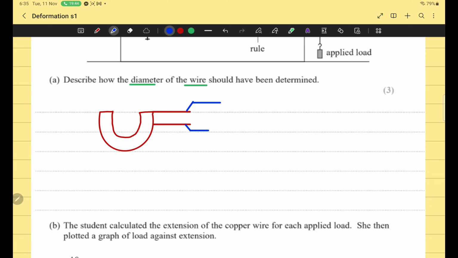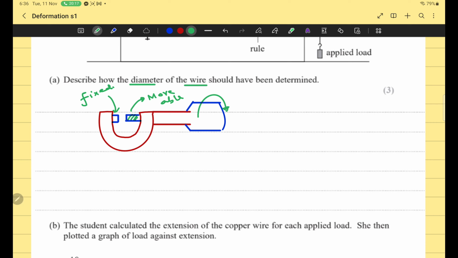And in this micrometer screw gauge, here are two studs. This stud is fixed and this stud is movable, and you can move this movable stud by turning this drum.